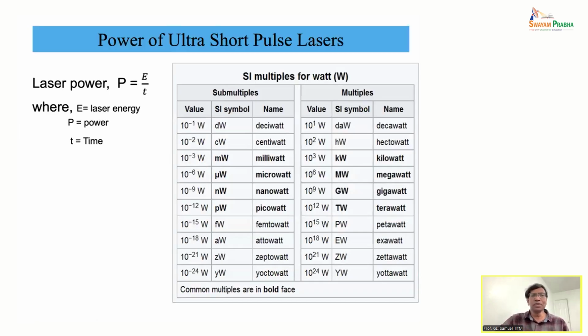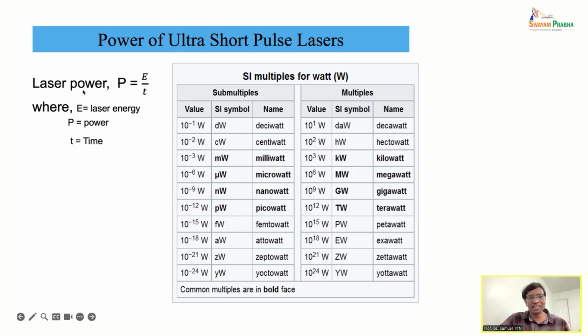Now you may ask why ultra short pulse lasers are more powerful when compared to continuous lasers. Usually when you look at a continuous laser, they say it's 1 kilowatt, 2 kilowatt, like that. What is more important in ultra short or pulsed lasers is the instantaneous power.